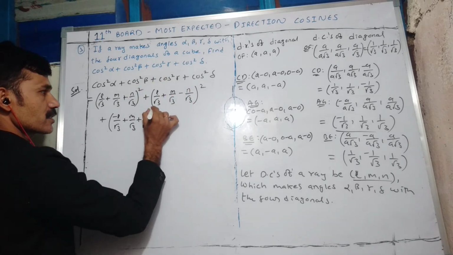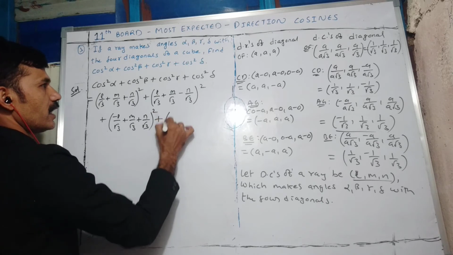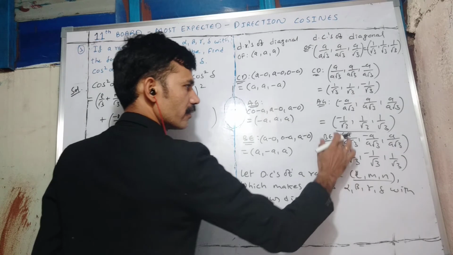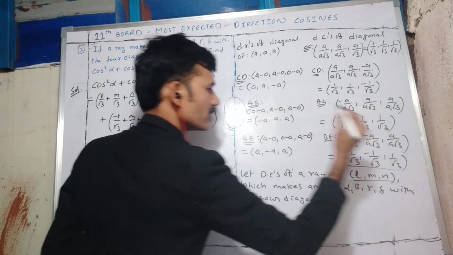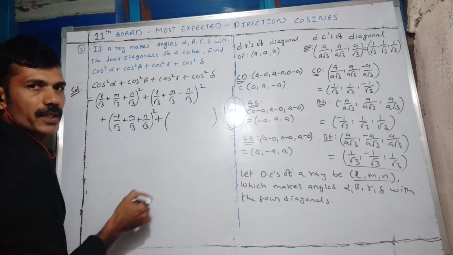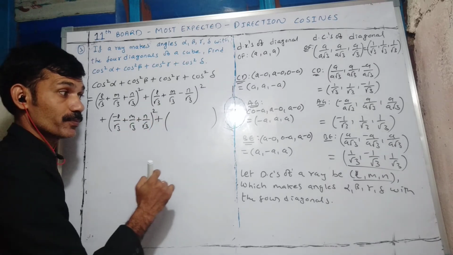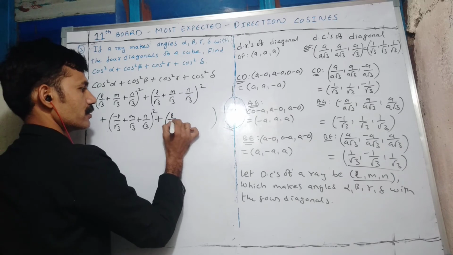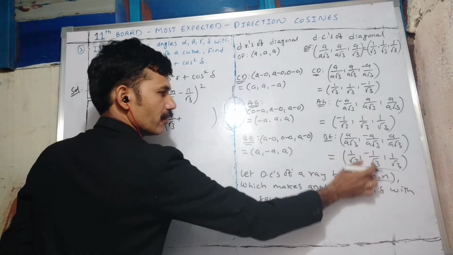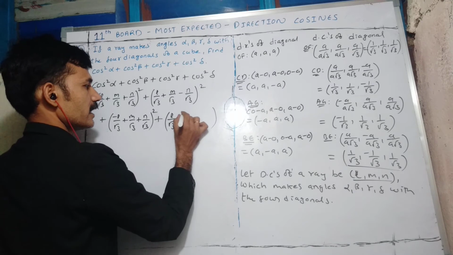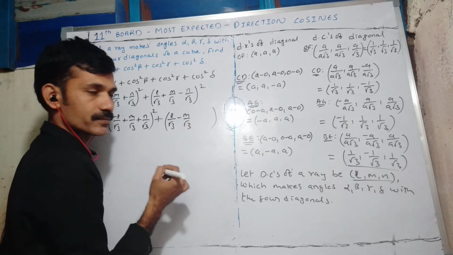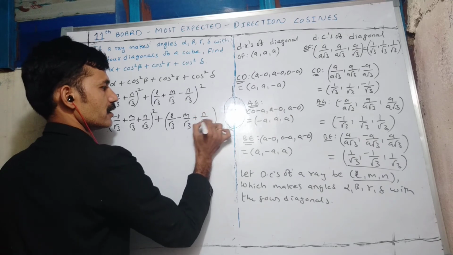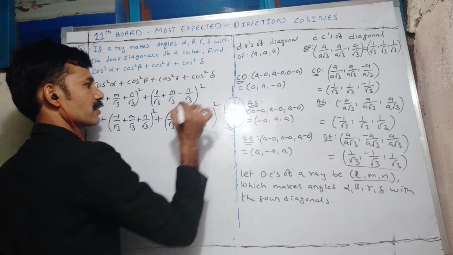Here cos square is there, so here also square. Now cos square delta, that is the angle made by the ray with the diagonal BE, you think. So how will you get that cos delta? Same, L1 into L2, that is L upon root 3. M1 into M2, this will be minus M upon root 3. N1 into N2, that is N upon root 3. Here cos square delta is there, no? Here also square.